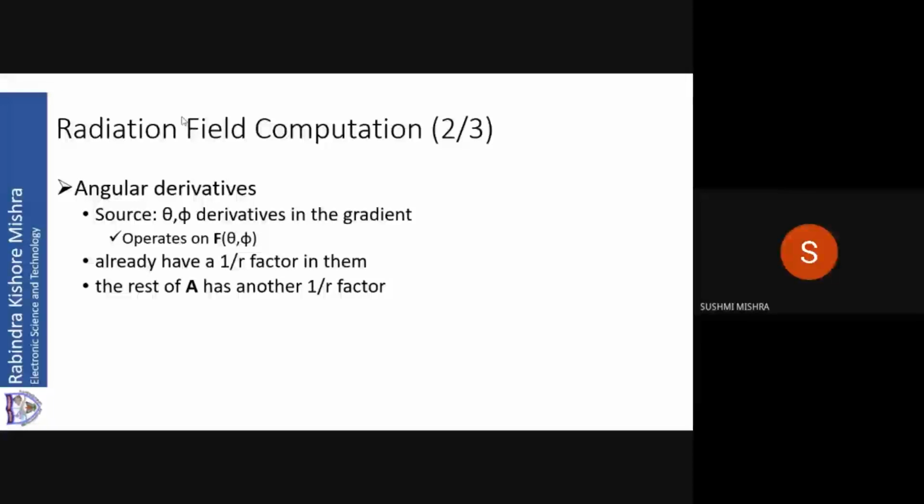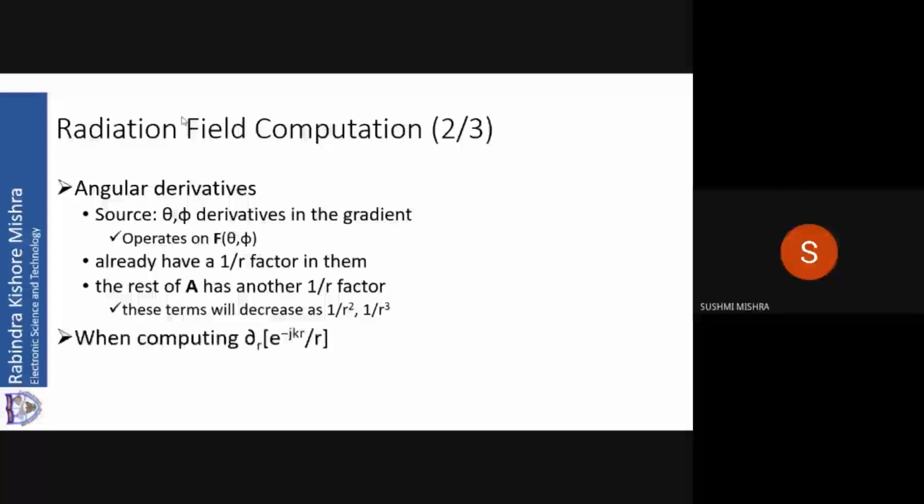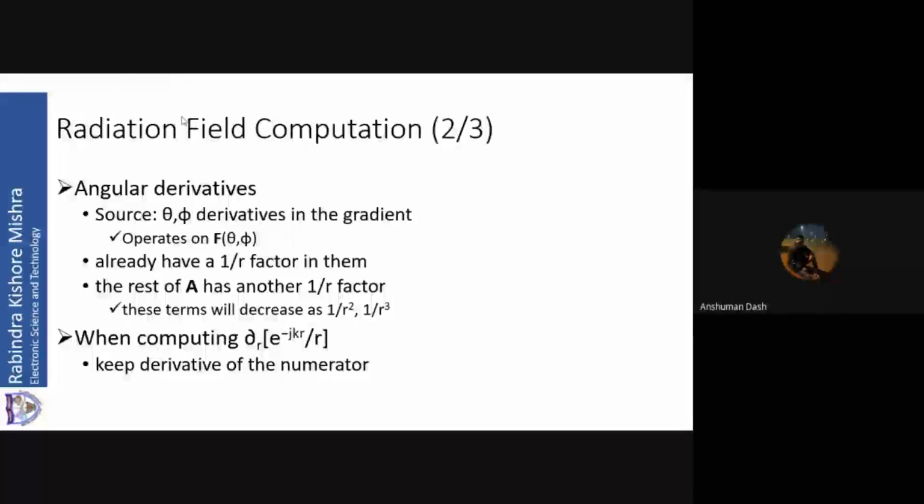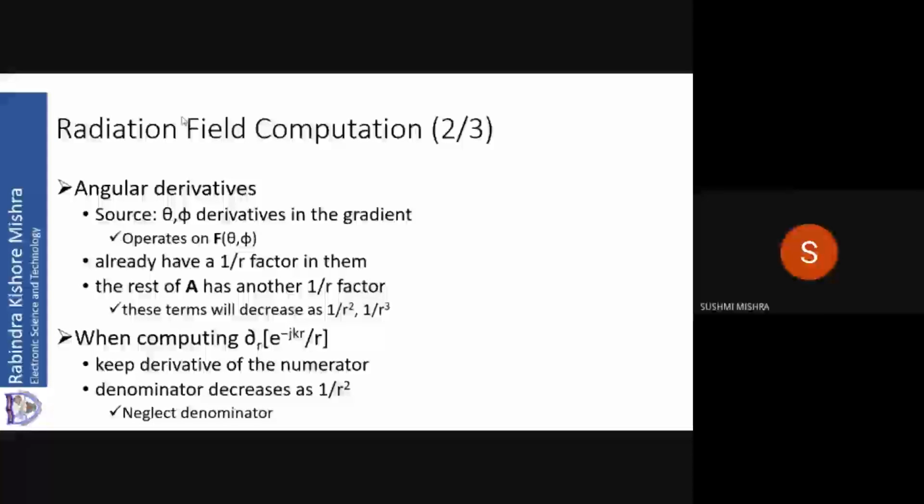So what happens here is, if I take the angular derivative, all of the terms for these angular derivatives will have 1 by r square or 1 by r cube terms. Therefore, when we compute this del r e to the power minus jkr upon r, we will always keep the derivatives of the numerator which vary as 1 by r, and for the denominators that decrease as 1 by r square, those we are going to neglect.